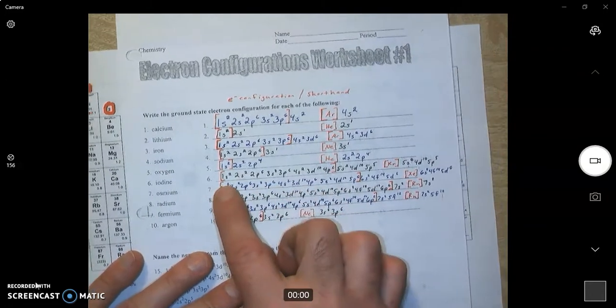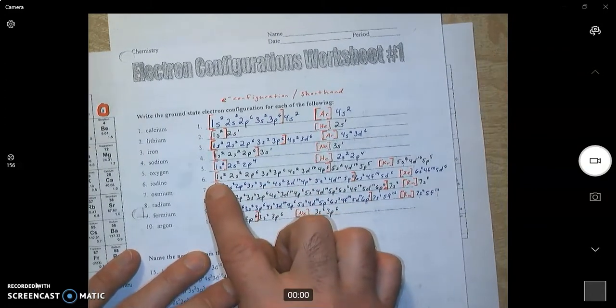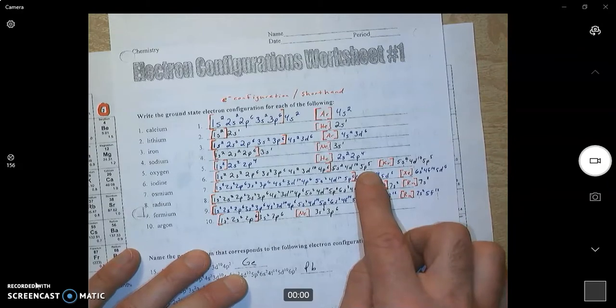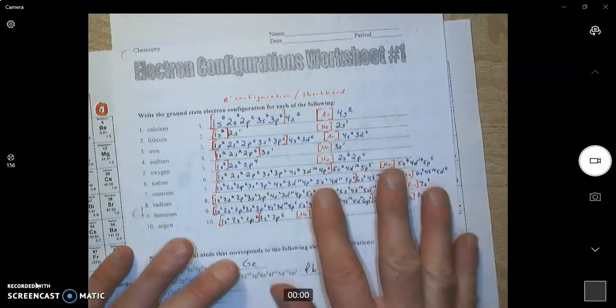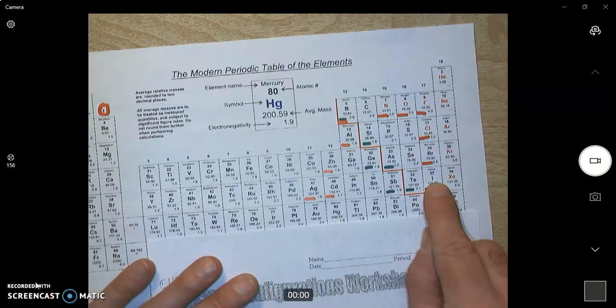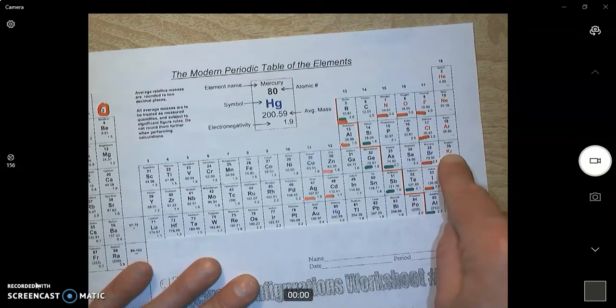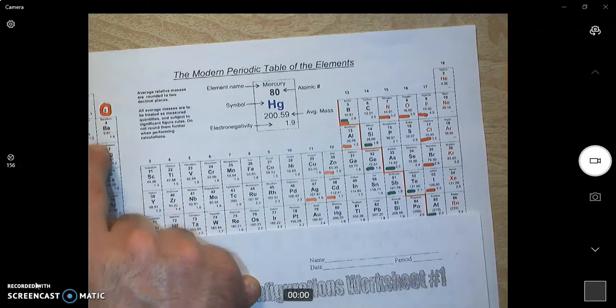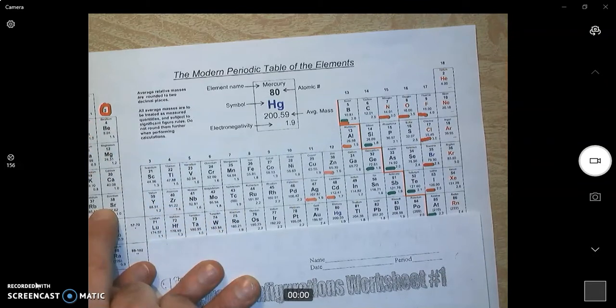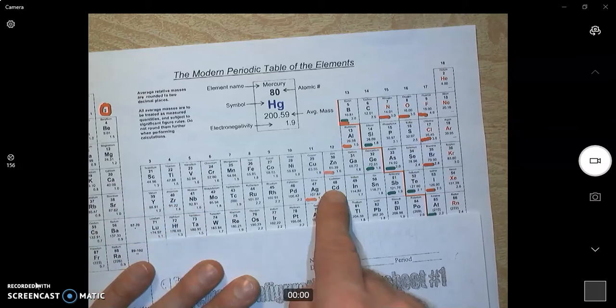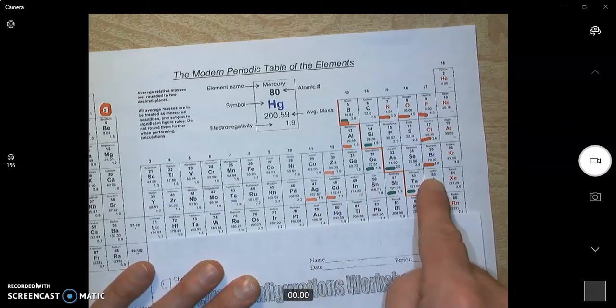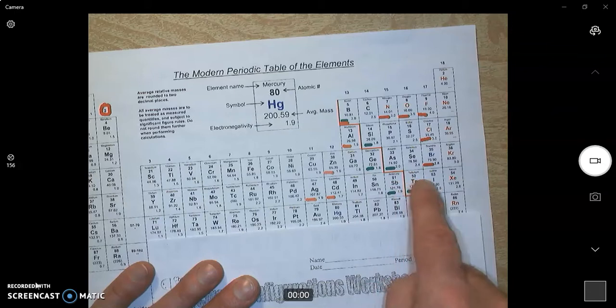Alright, iodine. So iodine goes all the way through 5p5. So if we look at iodine here, go to the end of the previous row, we're going to put krypton in brackets. And then this is the 5s2, 4d10, 5p5. 1, 2, 3, 4, 5.